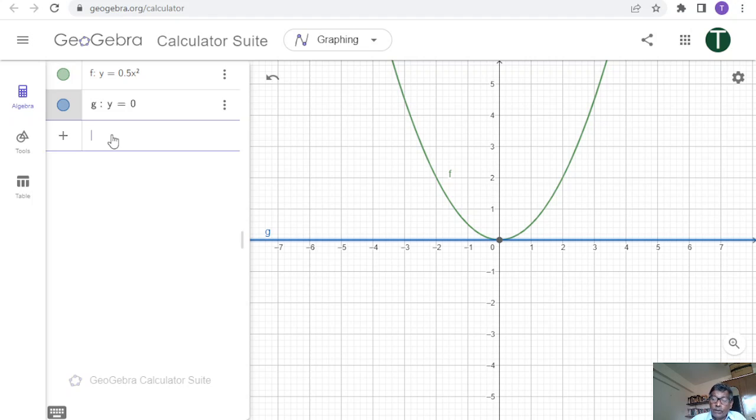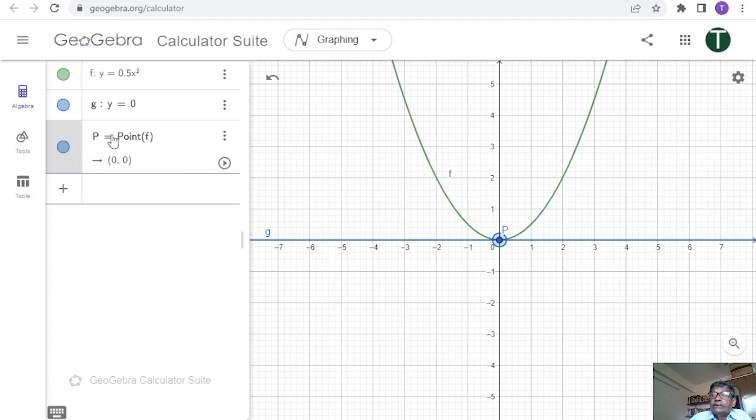Now I will take any two points on the parabola. So one point, I say that P is equal to Point on the parabola, that is f, and you return it, point P appears. This point P will be restricted on this parabolic line.